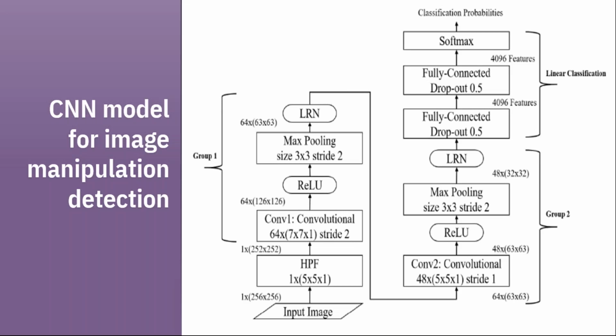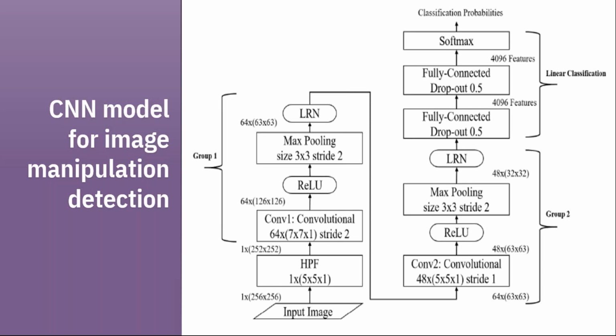Okay, so this would be the flowchart of the technique which we are working on. We use an input image, and after the input image, we pass it through a high pass filter. In general, image classification research uses image pixel data, and it behaves as it was personally classified.